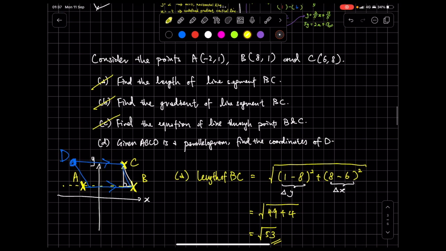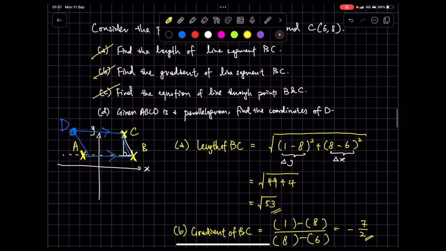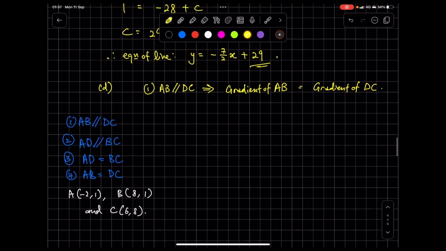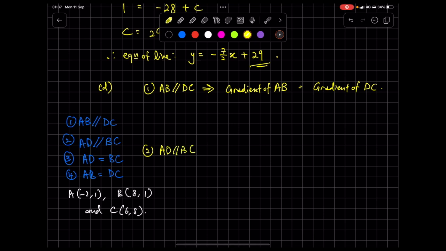Oh, sorry, that's BC. Okay, that's negative 7 over 2. Okay, in that case, let me write that down first. AD parallel to BC, which means gradient of AD equals to gradient of BC. And gradient of BC is -7/2.